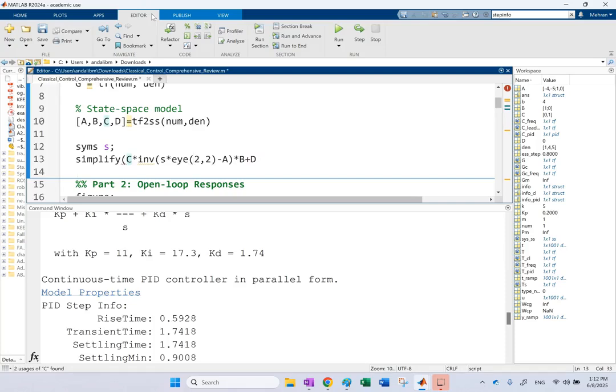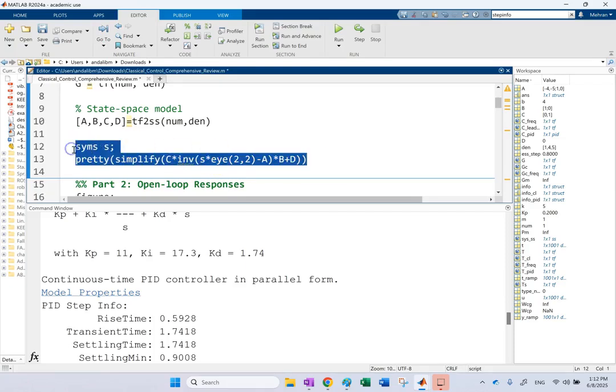So that should show you the same transfer function that you earlier found by the command tf. If it does give you that, you're good. Otherwise, you made a mistake. So let me show you this.